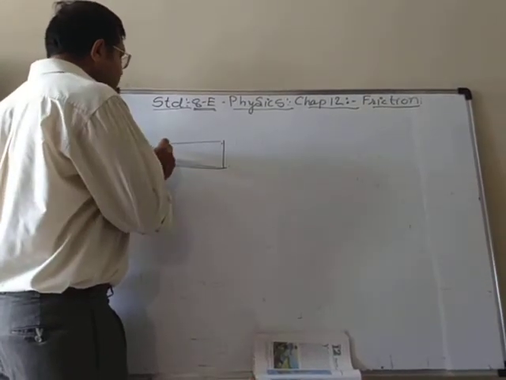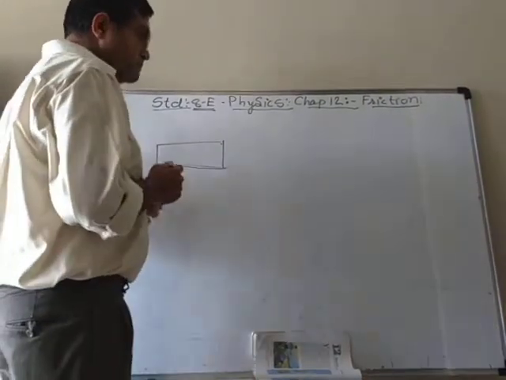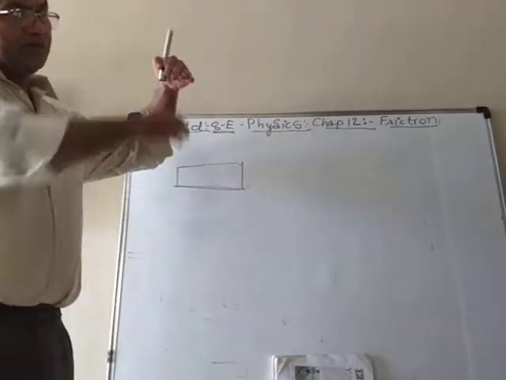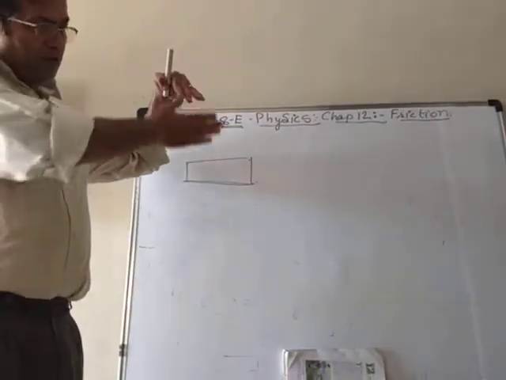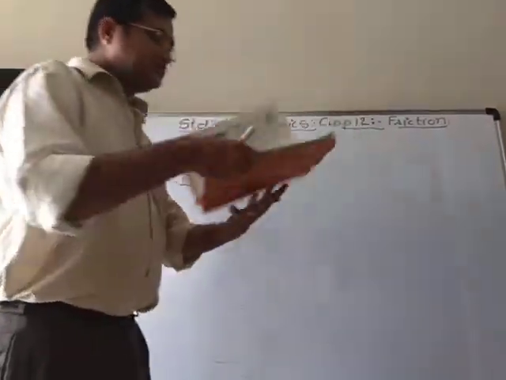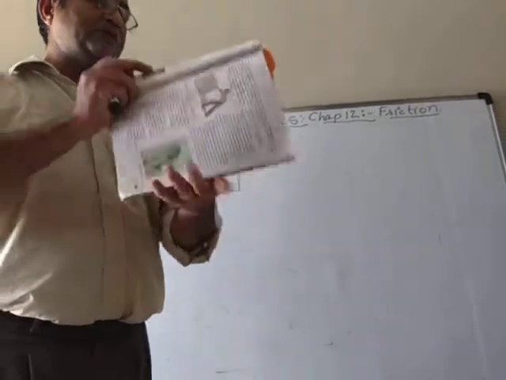Inclined plane means like a slope, from which if you put something it will roll down and then roll on the floor, just like shown in this picture.